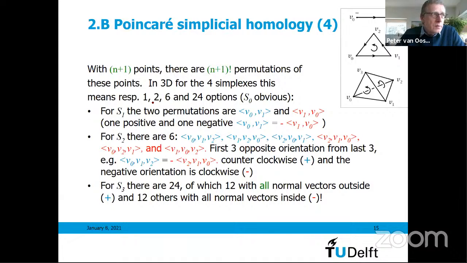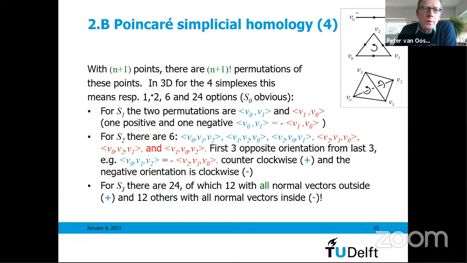When you have a number of points, say n+1, there are a number of different orders in which you can list the points. They are called the permutations. In 3D, you have 4 points, and that means for the primitives, the 0D, the 1D, the 2D, and the 3D, there are 1, 2, 6, and 24 options.